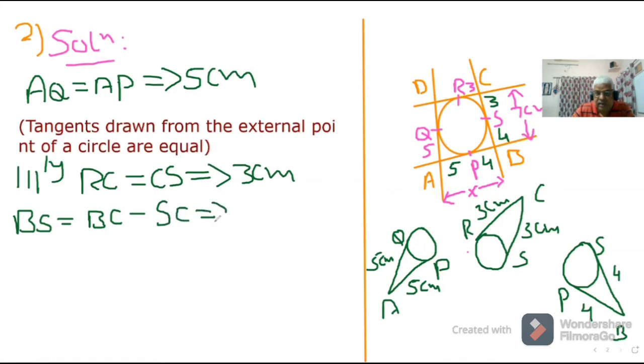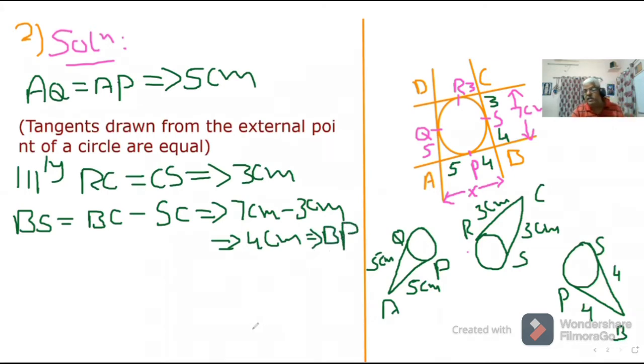Observe, dear friends, here BC is 7 centimeter minus 3 centimeter, which gives you BS as 4 centimeter, which is also equal to BP, because BS and BP are the tangents drawn from the external point B.